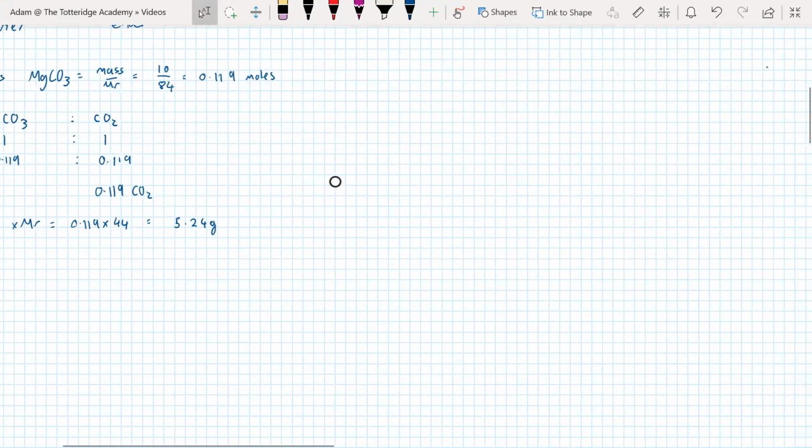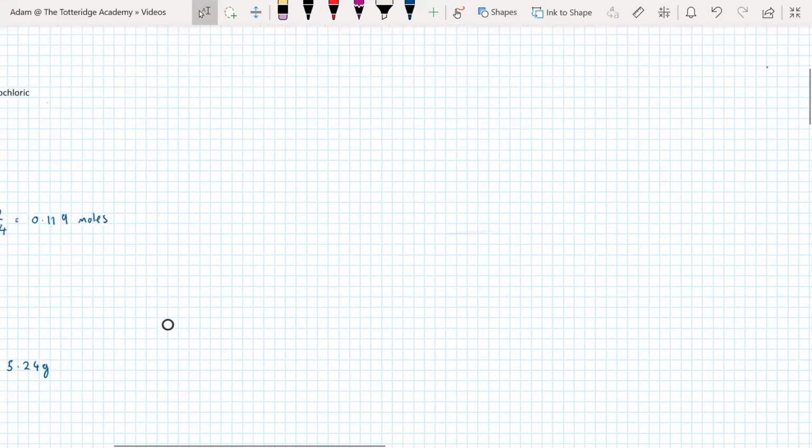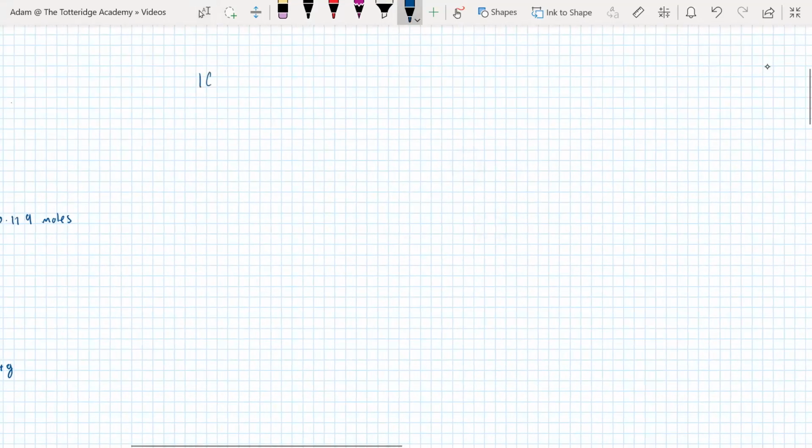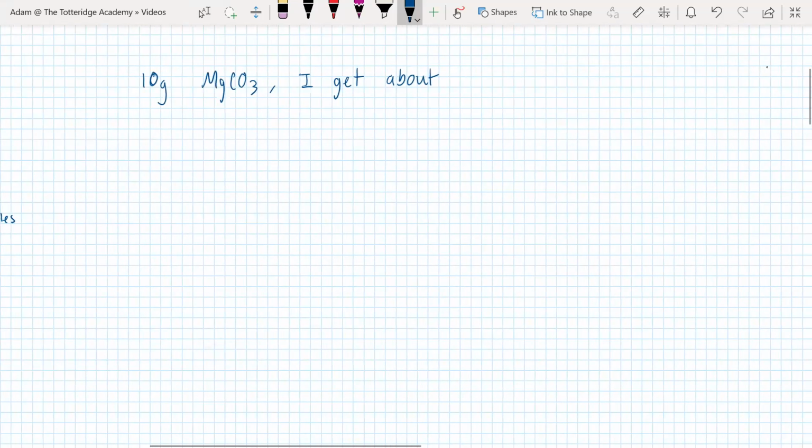So we know that if I start with 10 grams of MgCO3, I get about 5 grams of CO2. Now let's say I took my 10 grams of magnesium carbonate.